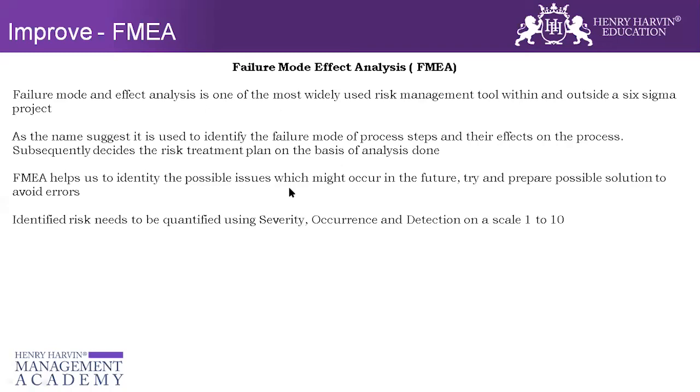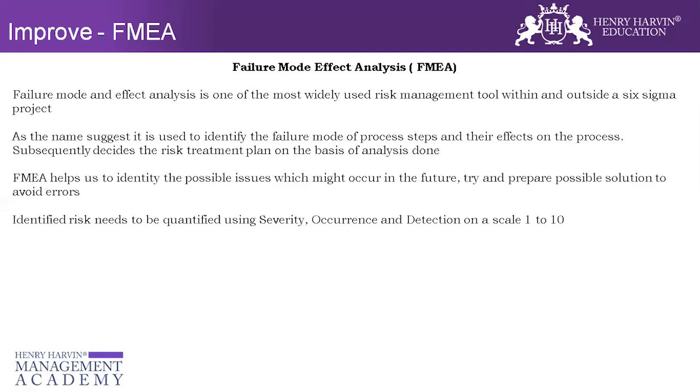In failure mode and effect analysis, the identified risk needs to be quantified using the severity, occurrence, and detection on a scale of 1 to 10. So severity means how severe this particular risk or issue is on a scale of 1 to 10. The higher the severity is, it means it is very, very critical. This failure mode is very critical and needs to be addressed, and there needs to be a strong action plan. Occurrence means how many times there is a probability that it can occur.